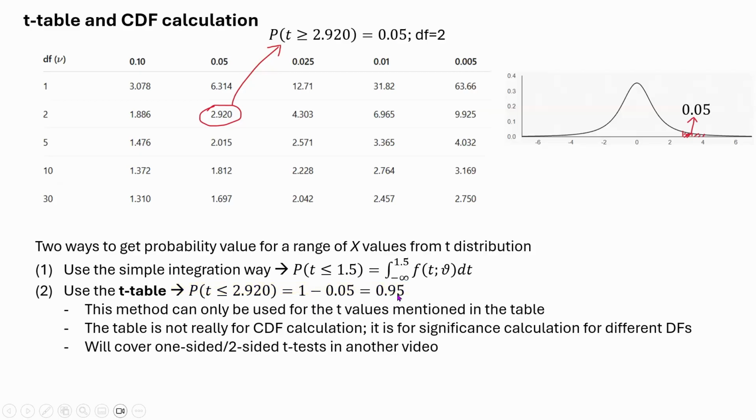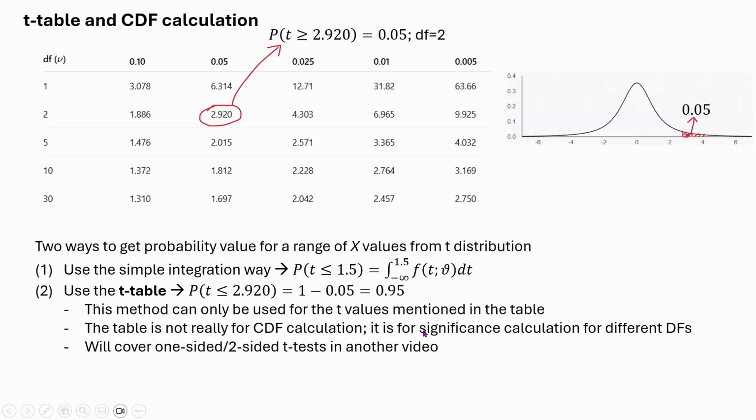But here is the issue. Suppose we want to get the probability of t greater than or equal to maybe 5. Is there any 5 in this table? There is not. So actually this t-table is not for CDF calculation. Rather, it is for significance calculation. There is a thing called a t-test.